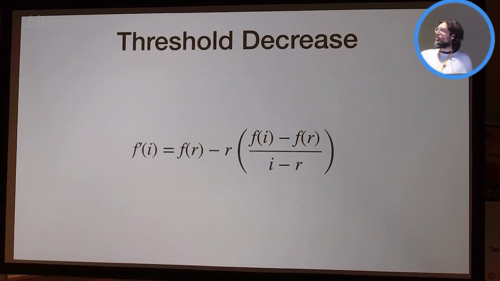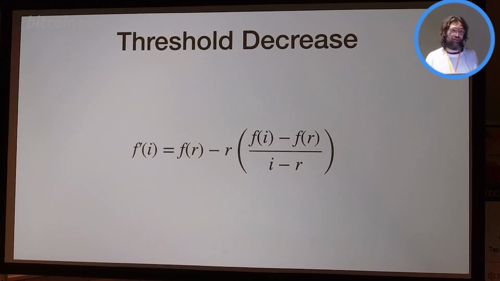And then each participant will take their old share f of I and their index I and apply this equation to get their new share. And this f prime of I, when they do this operation, is going to be a share of a polynomial where the secret has not changed, but the degree of the polynomial is 1 less.